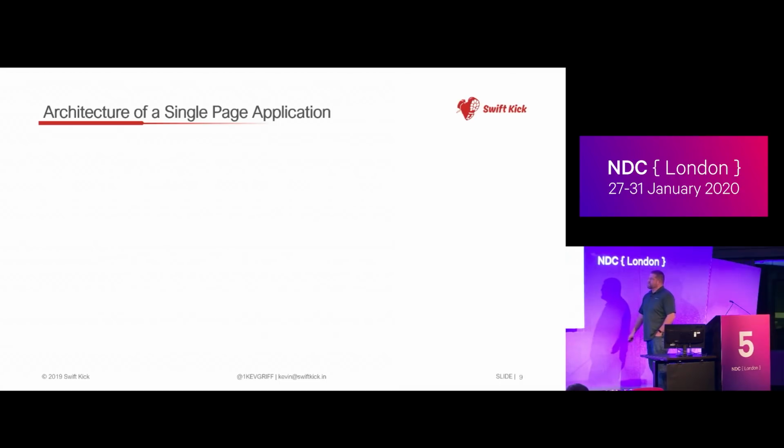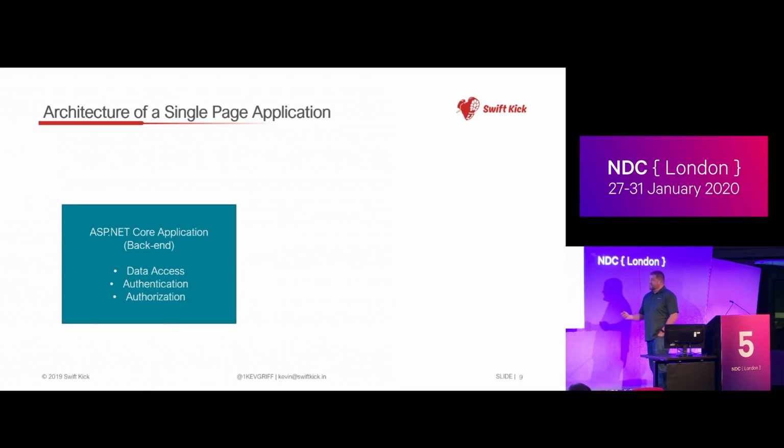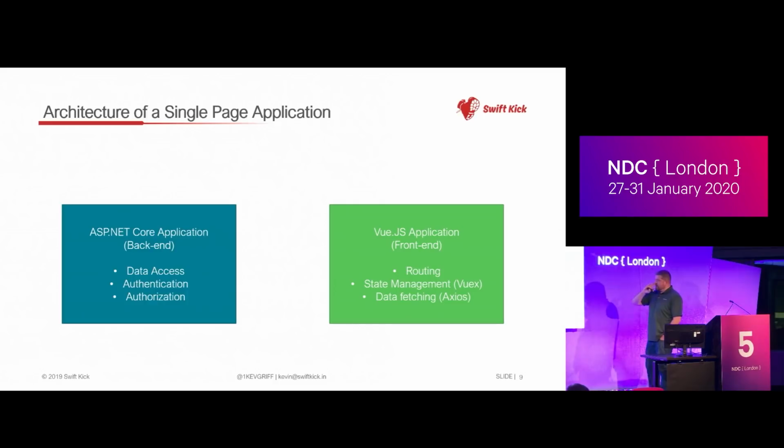But the architecture of a single page application looks something like this. Again, it's two applications. On the left side, our ASP.NET Core app is going to be our backend. And this has three main responsibilities. It can have more, it could have less. Number one is just data access. If I'm talking to a database, SQL Server, Postgres, Cosmos, you name it, I'm going to go through this backend to get access to that data.